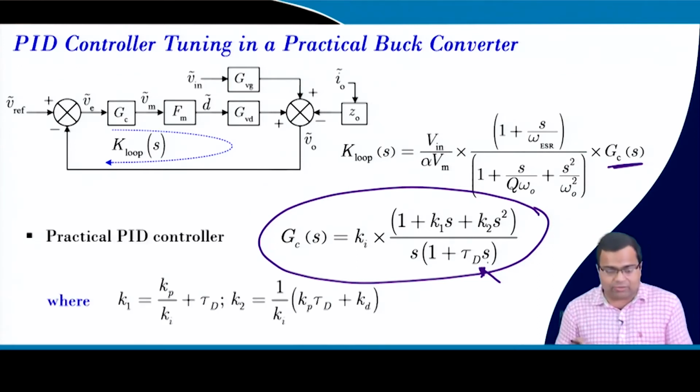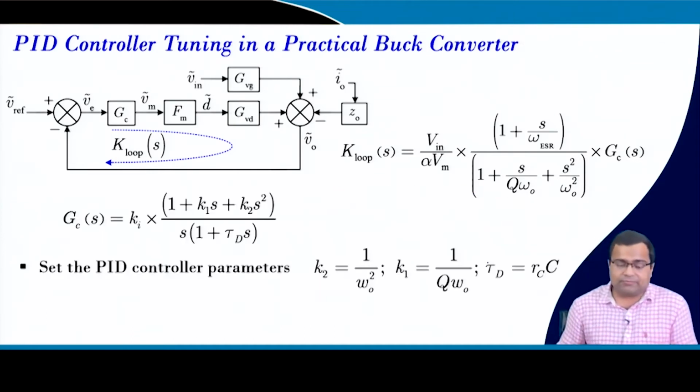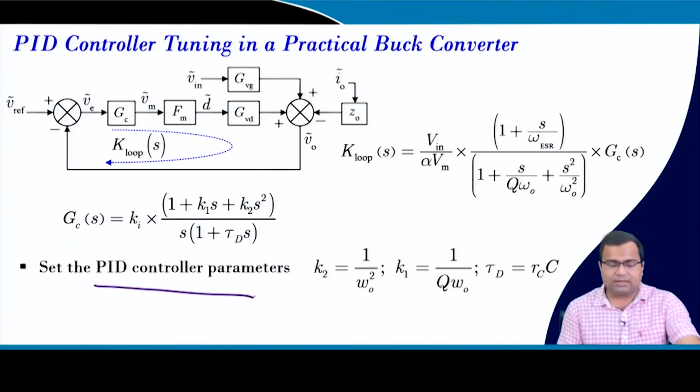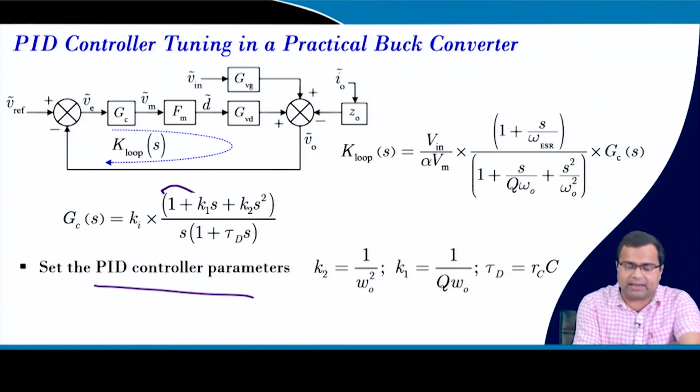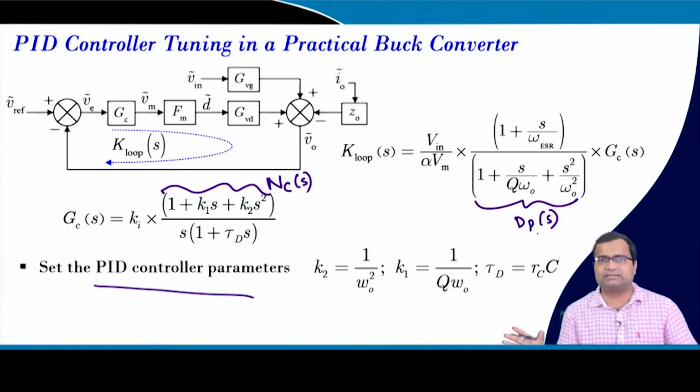So, practical PID controller, and we know this K1, K2 in terms of Kp, Ki, Kd. Now, for this transfer function, if we set the PID controller, that means here again we want the numerator coefficient to cancel with the denominator polynomial, and since they are stable, we can do stable pole zero cancellation.